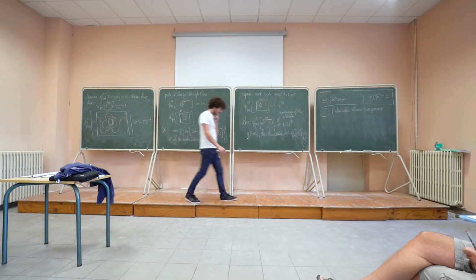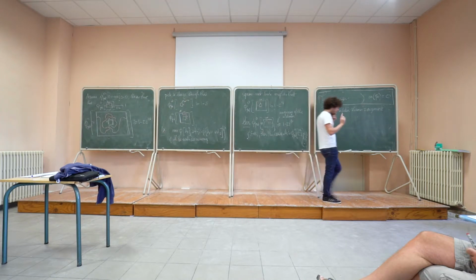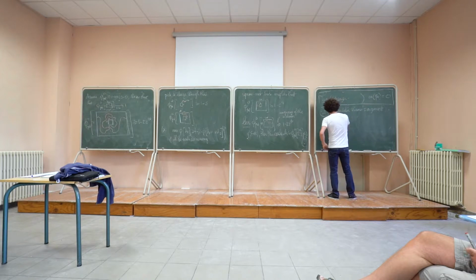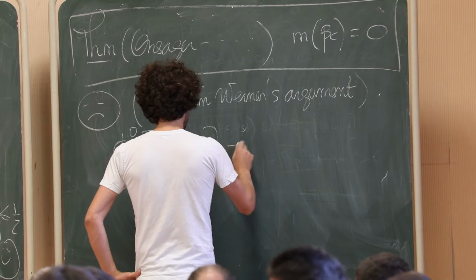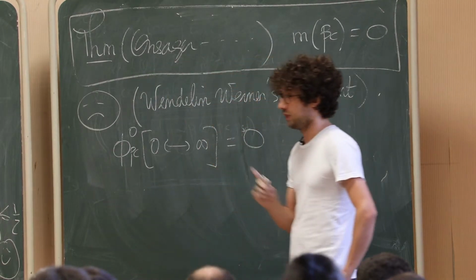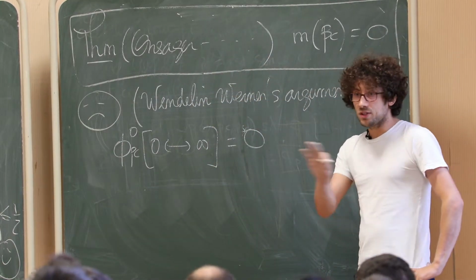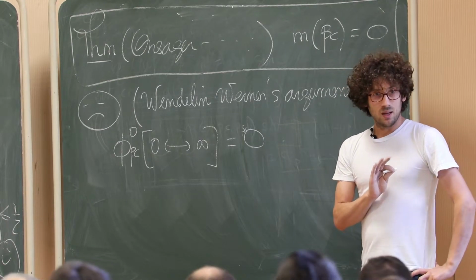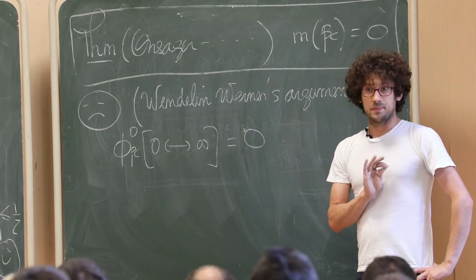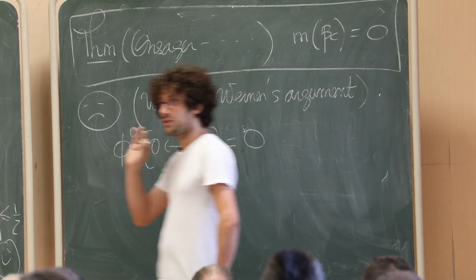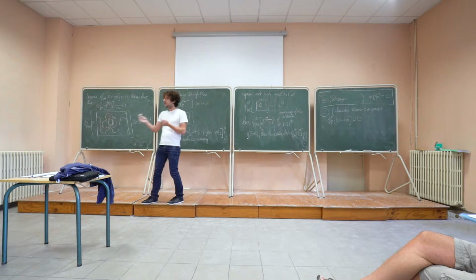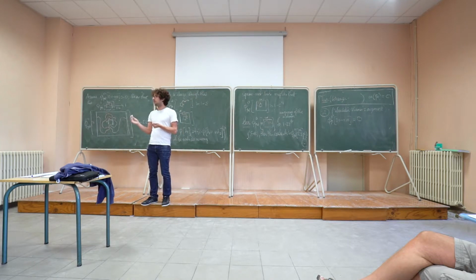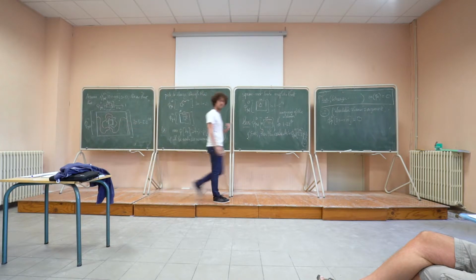So we know that phi_0 at p_c of 0 connected to infinity is 0. I just proved it. But that means there is no infinite cluster at p_c, and phi_0 is ergodic. So if there is no infinite cluster and phi_0 is ergodic, well, the mixing property of phi_0, in fact, if you think about it, directly implies the mixing property of mu free.